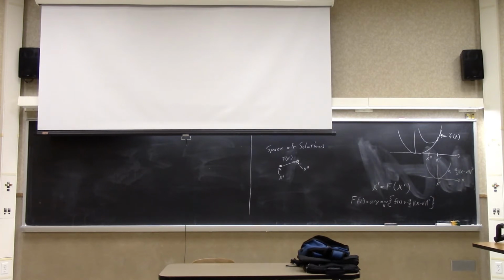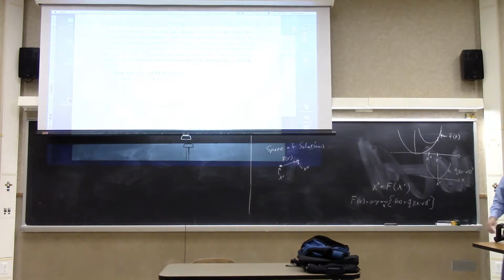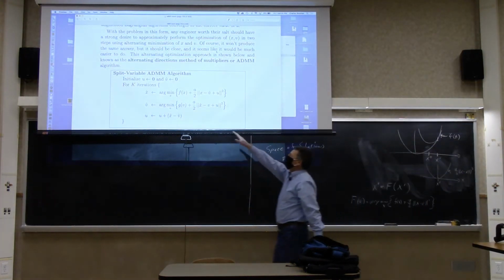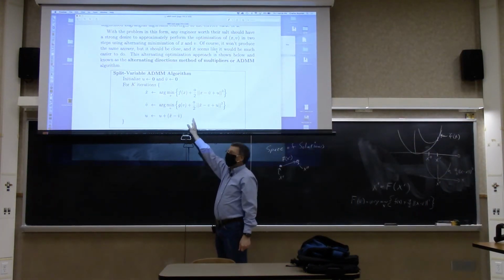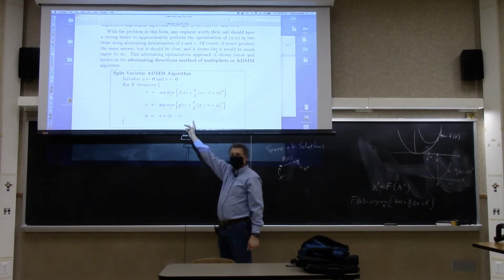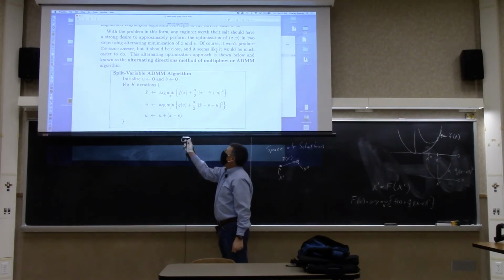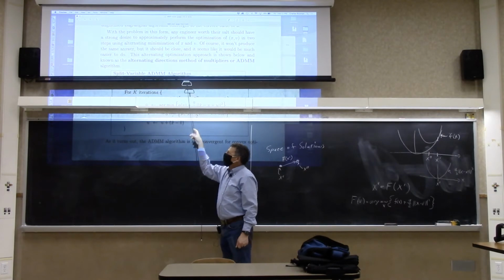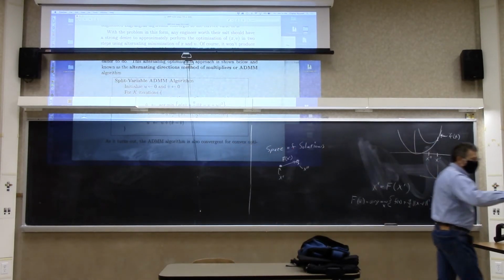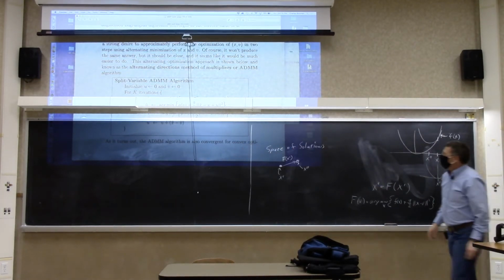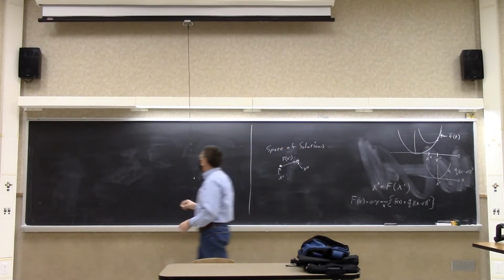So let's go back to the algorithm. The algorithm is this. If I rewrite this in terms of proximal maps, I'll get something a little different. I need to turn this off. So if I rewrite that algorithm in terms of proximal maps, what I get is this.